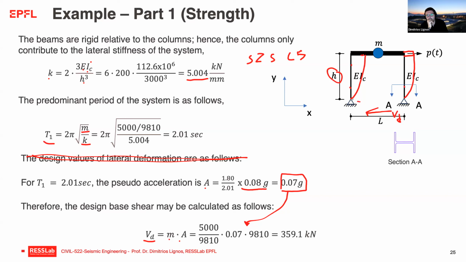So here I will have VD divided by 2, and up here I'm going to have a moment that is equal to VD divided by 2 times the height, so that I can compute the moment up there because I have a cantilever column.